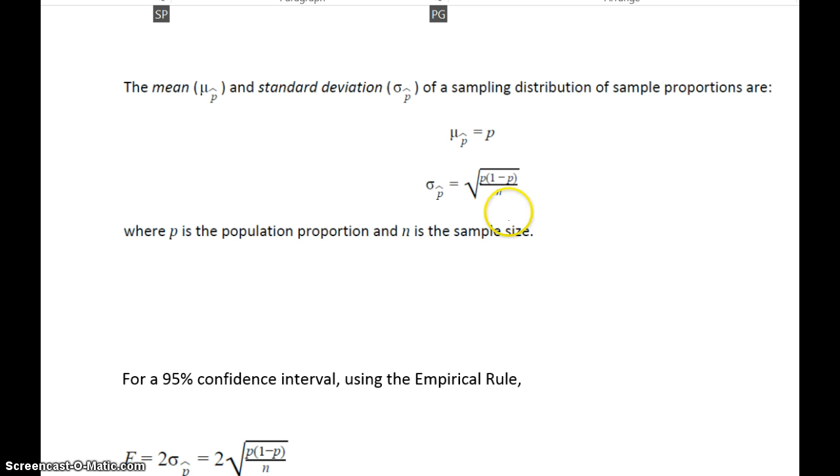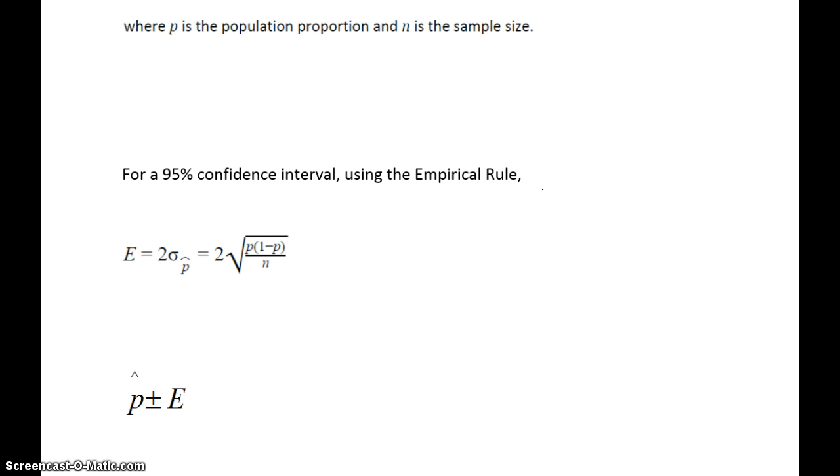And the standard deviation of the p hats is the square root of p, 1 minus p over n. Now, you're going to need the standard deviation later on in order to get a margin of error for your confidence interval. P is the population proportion and n is the sample size.